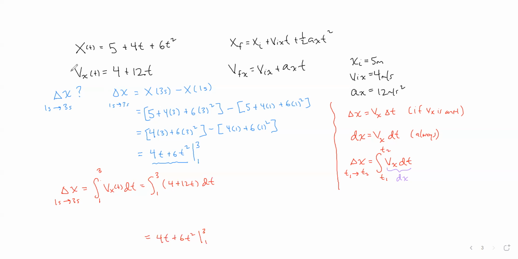And we said at the beginning of this slide that taking the derivative of position with respect to time gets you velocity. And now we see that integrating velocity with respect to time gives you the change in position.